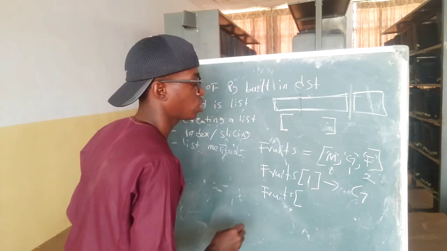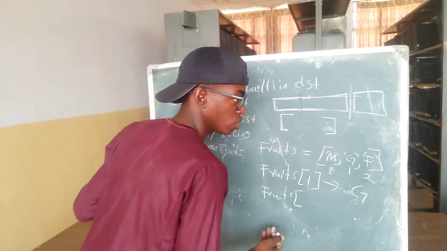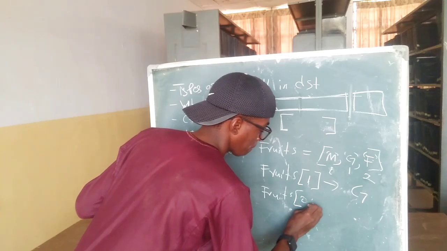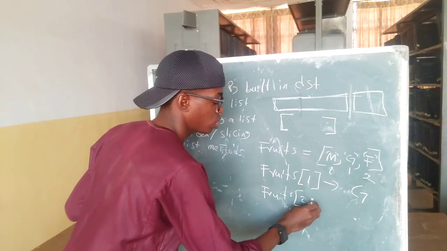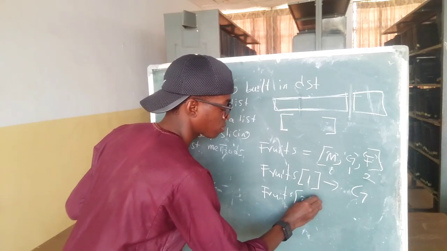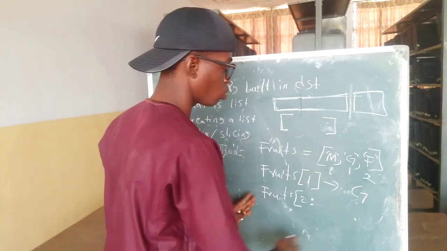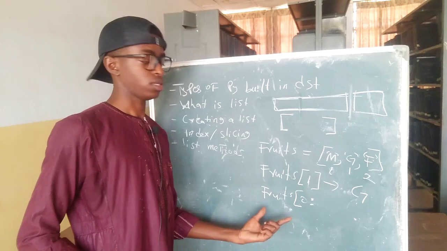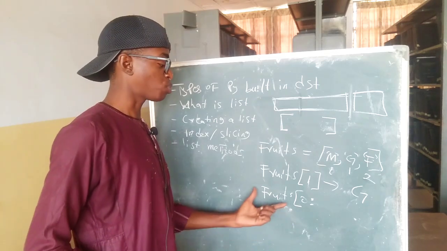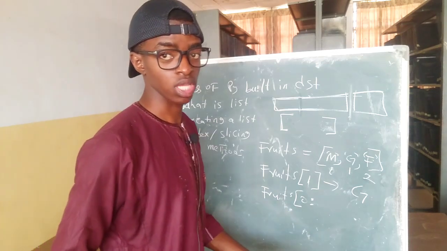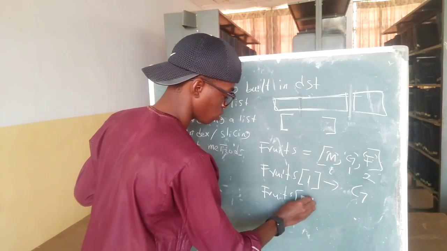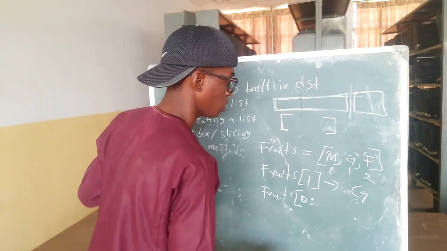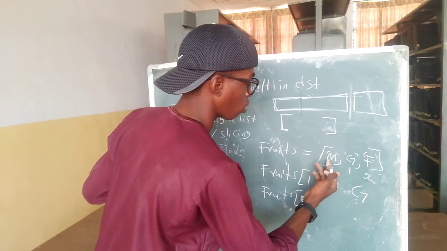Then I'm going to say start from index 0. This is telling it where to start cutting, and then you put a colon. This is exactly what you're going to write in your computer. And when you run it, you have to print it to see the output. So you write fruits, start with index 0, colon, and you say, okay, I want you to take only 2 elements.